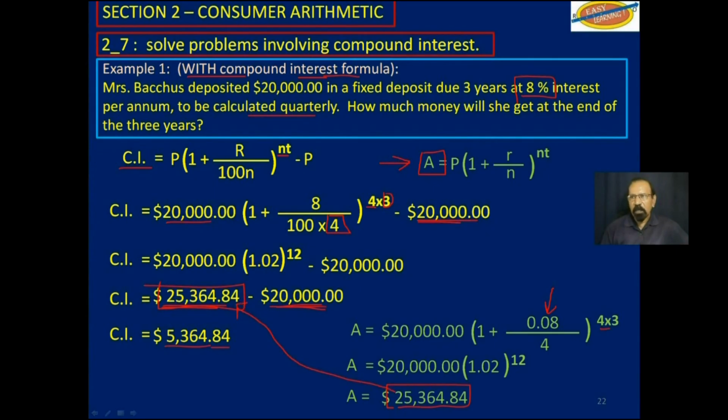And now we will subtract the principal to get the interest. Because you carry this R over 100 to a decimal, use a lowercase r and you use a decimal instead. So you don't have percentage up here and you get rid of that 100 down there. Other than that, it is the same formula. And you didn't need to subtract the principal on this end because you are calculating the amount.